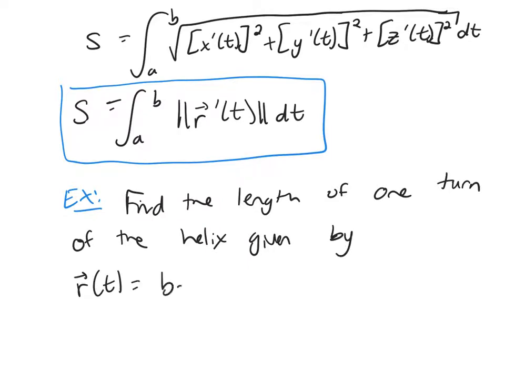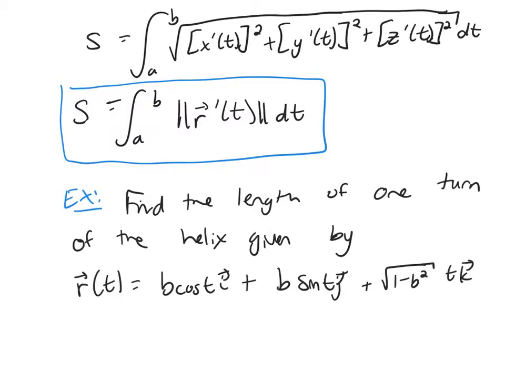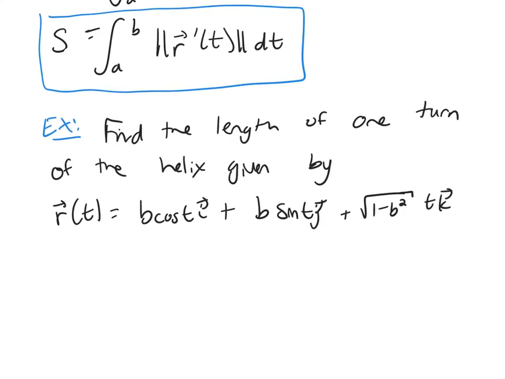It's going to be b cosine t i plus b sine t j plus the square root of 1 minus b squared t k, where t is going to be between 0 and 2 pi. It's going to give us one turn of the helix.